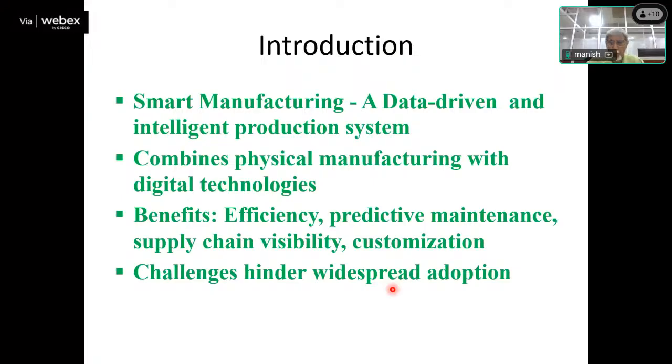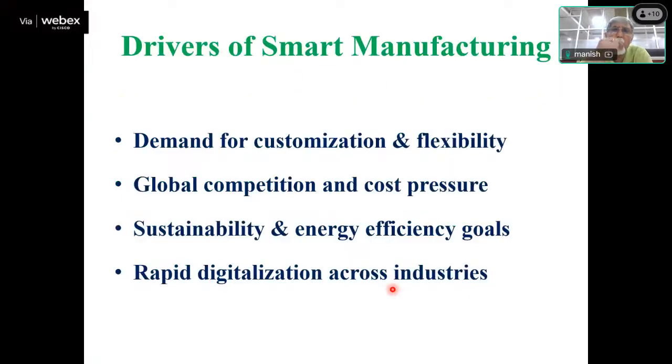So therefore, we have to meet the challenges. We have to first of all understand what could be the possible challenges, and once we know these things, then it will be possible for us to do these things.